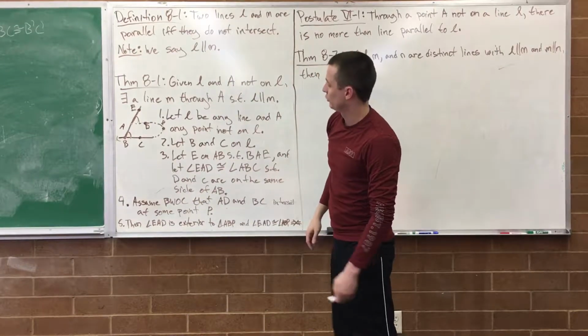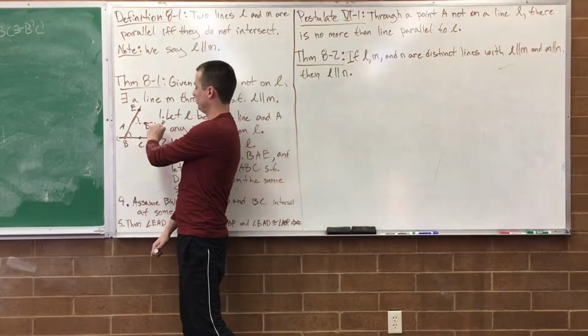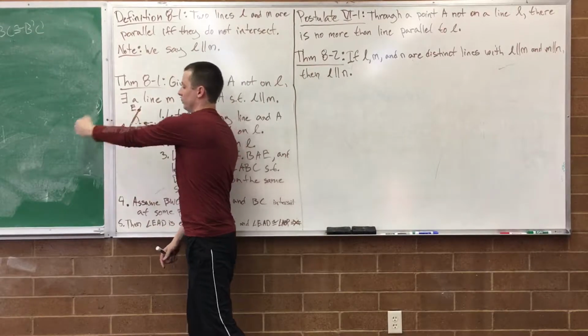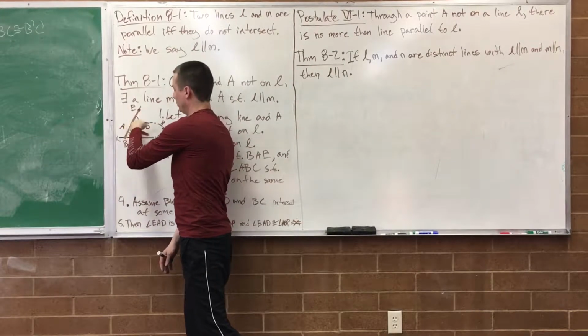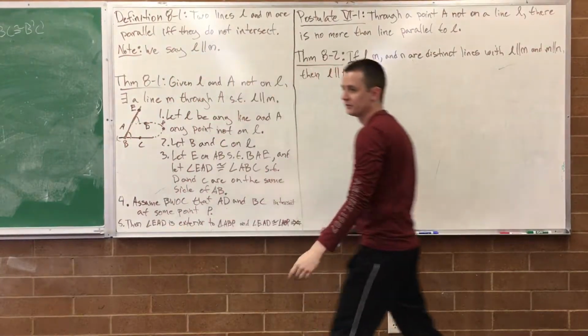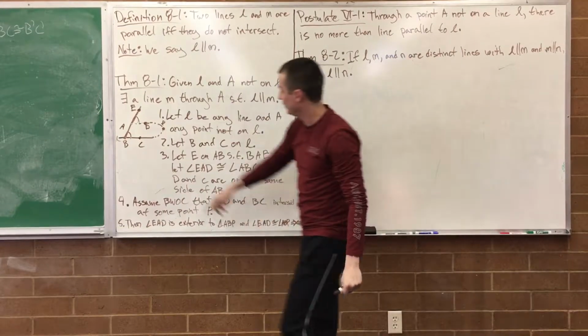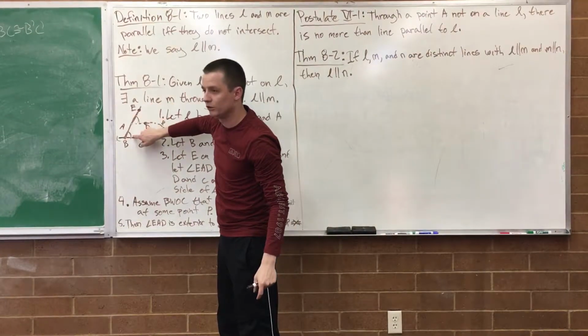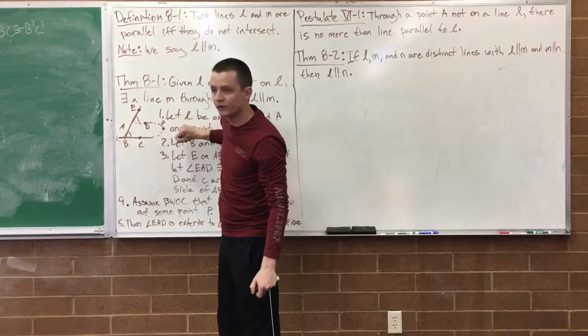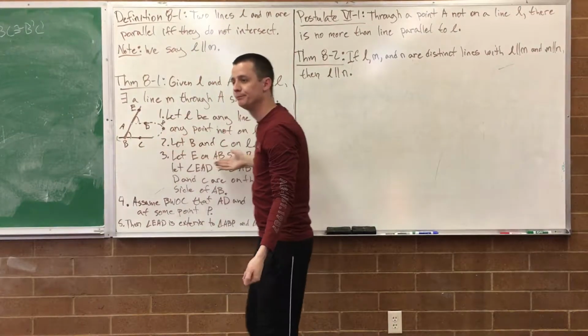And I also should have started out by letting them intersect and picking the point on the side that intersects, because this could have also intersected over here, and then we would have been talking about this triangle. But same idea. The overall idea is that an angle is congruent to an opposite interior angle of a triangle if these two lines eventually meet, right?